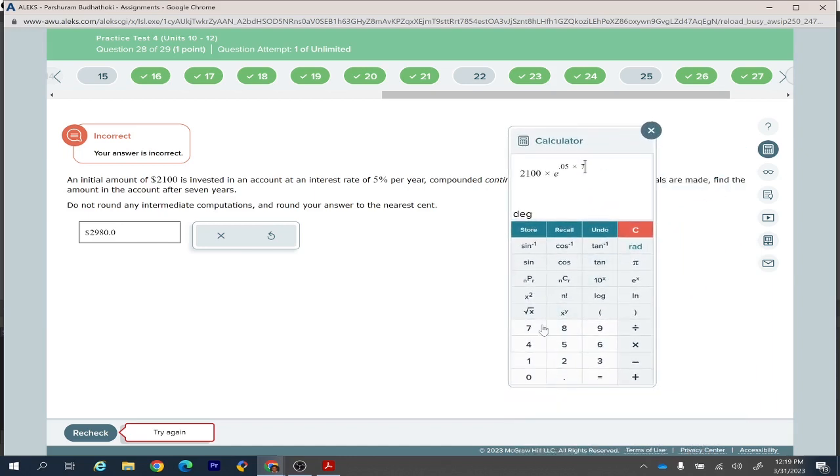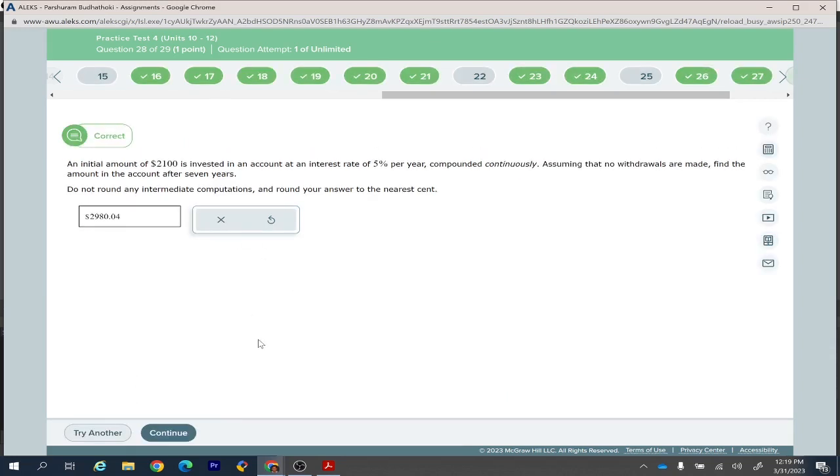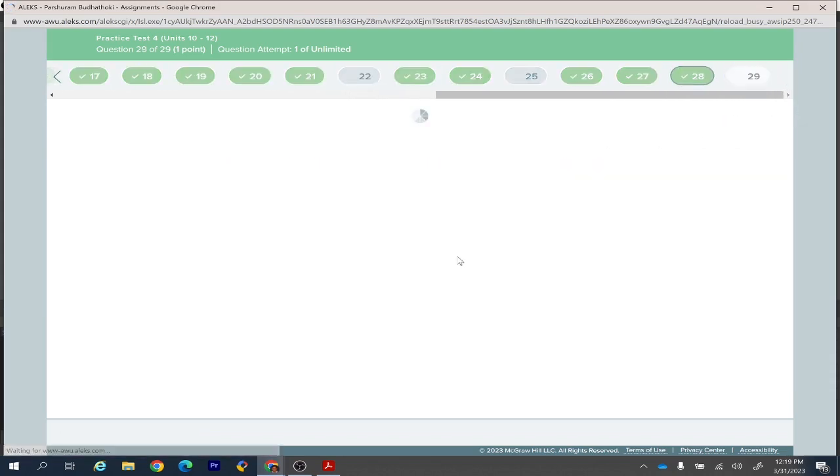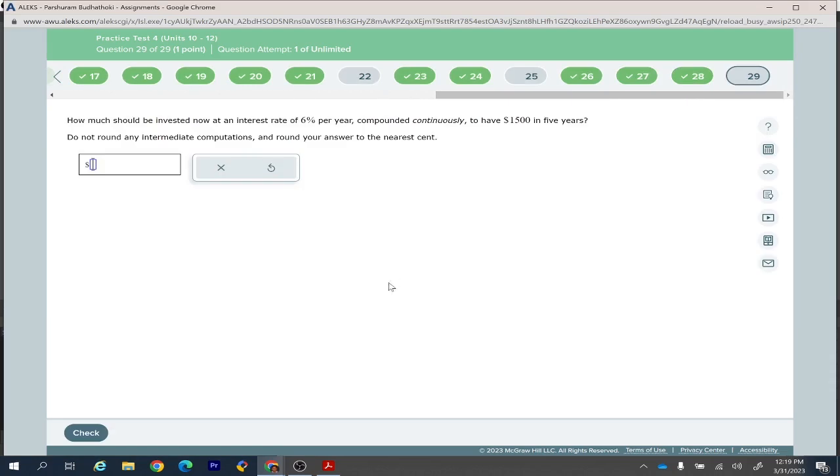Equal, it's 2980.04. I did not put the 4 here, so that's the answer. It's 4 cents. So I forgot to round it to the nearest cents, or not forgot, but I did it wrong. So finally, question number 29.